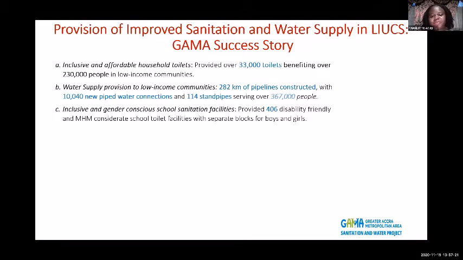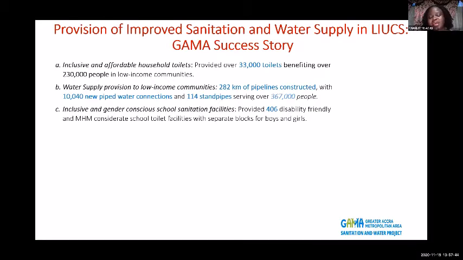For the period of the project implementation, we were able to provide inclusive and affordable household toilets to over 33,000 households, benefiting about 230,000 people in low-income communities in the Greater Accra Metropolitan Area.